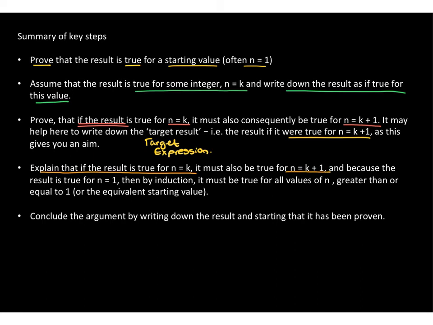And because the result is true for n equals 1, by induction, it must also be true for all values of n greater than or equal to 1, i.e. the equivalent starting value if you didn't start with 1. Now, you must conclude the argument by writing down the result and stating that it has been proven, and you must refer to induction in your argument.